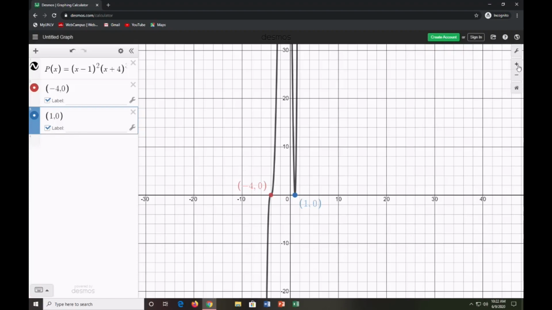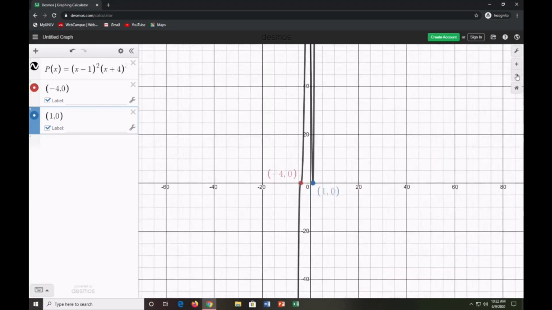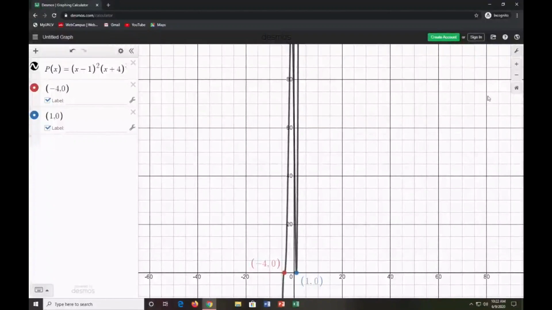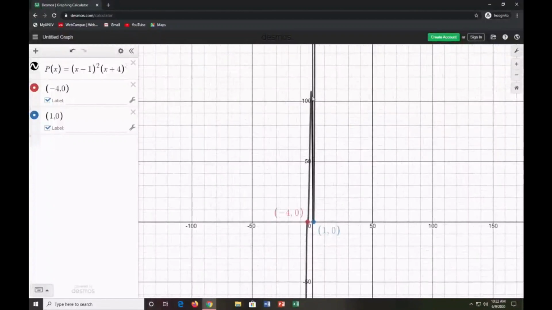And if I zoom out, you can see that the y-intercept is at 0, 64, right? Let me snap to it. So 0, 64, right there, where you have the y-intercept.